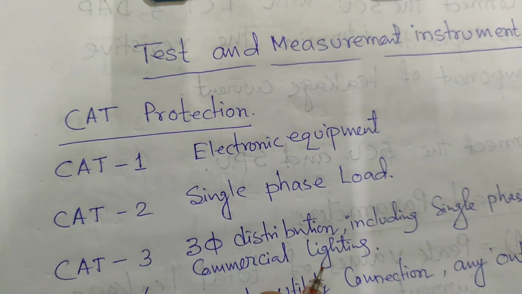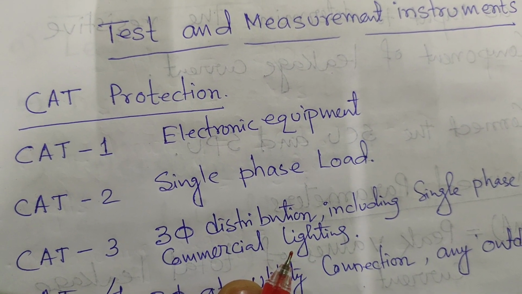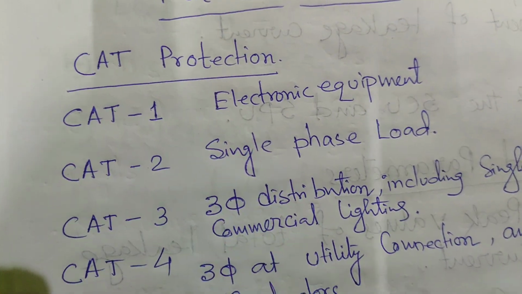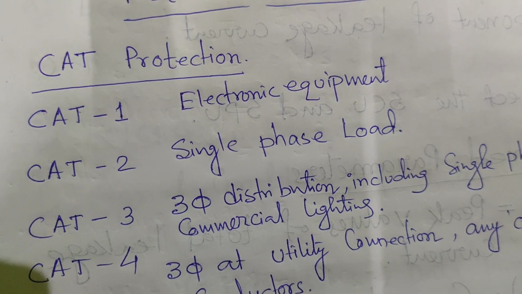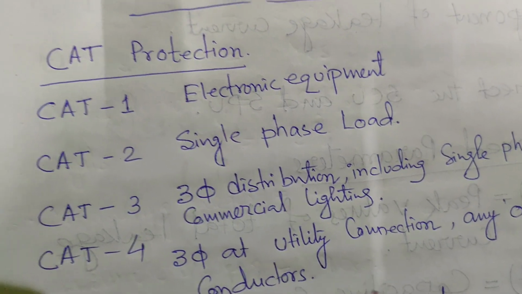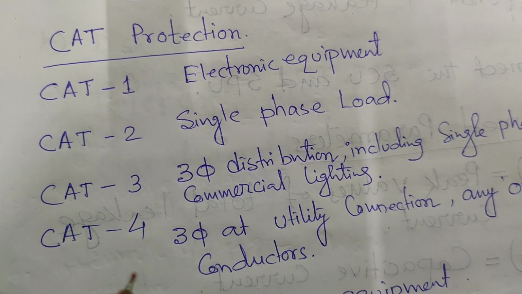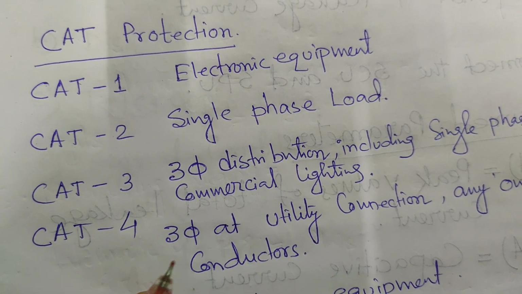What type of protection category is used for the multimeter is what we discuss today. CAT protection provides protection to the multimeter. There are four categories of CAT ratings: CAT 1, CAT 2, CAT 3, CAT 4.